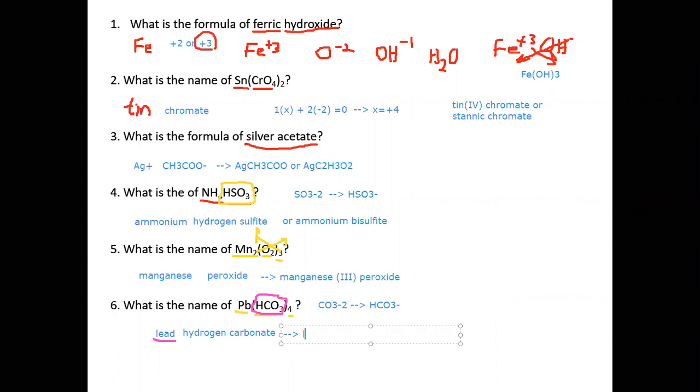And so this can be lead(IV) hydrogen carbonate, or you could write it as lead(IV) bicarbonate, and you can also write it in its common name, because lead only has a +2 or a +4.